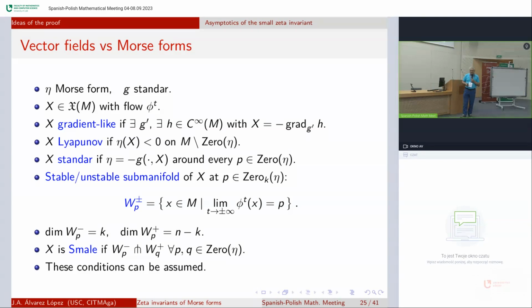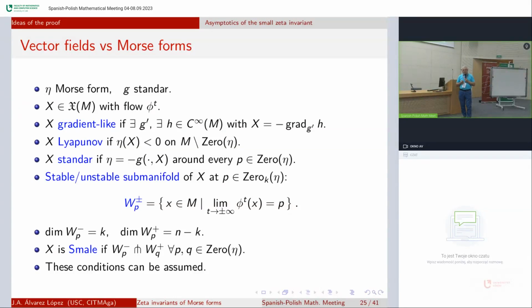And now we have the stable and unstable submanifolds of the vector field, which are given, at each 0, by the points which converge to that 0 as the time goes to plus infinity or minus infinity.